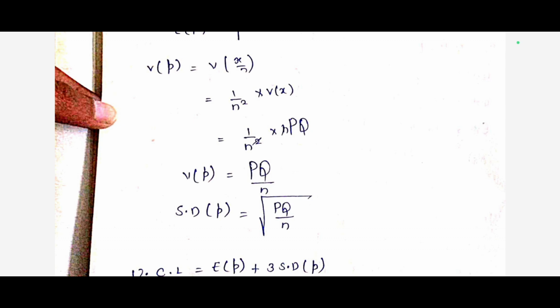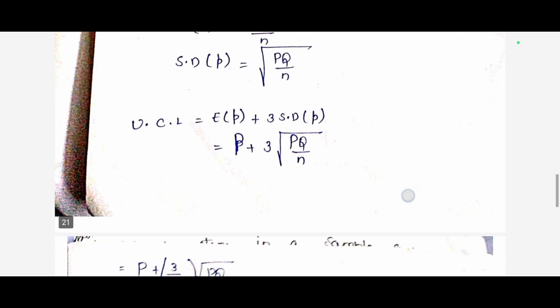Because x follows the binomial, this is nPQ. So n gets cancelled and we get PQ divided by n. The standard deviation of p is the square root of PQ divided by n.